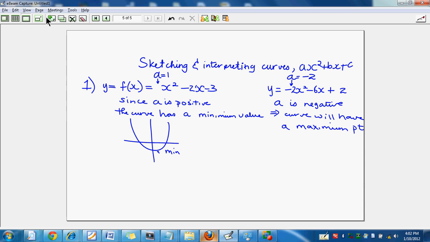It will have a maximum point, which means that it's not going to look like this. It's actually going to look like the reverse. So if we had to get some idea of how it would look, it would look something like that, because it now has a maximum point. So that's how we identify upfront if it has a maximum or a minimum point. So we take a little note there on that.